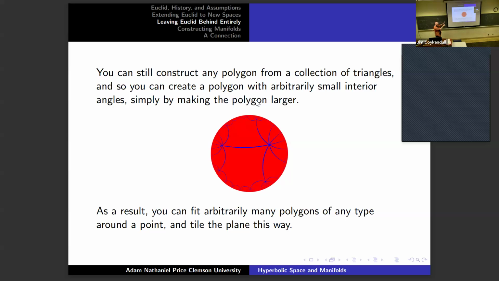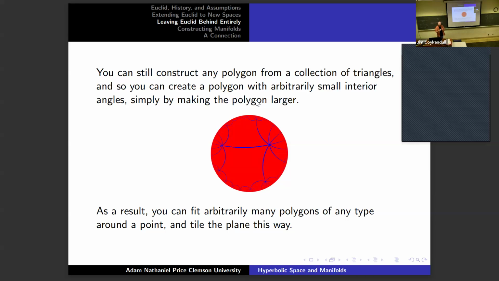Just like in Euclidean geometry, you can construct any polygon from triangles. You can construct a square from 2 triangles, a pentagon from 3, a hexagon from 4, an octagon from 6.